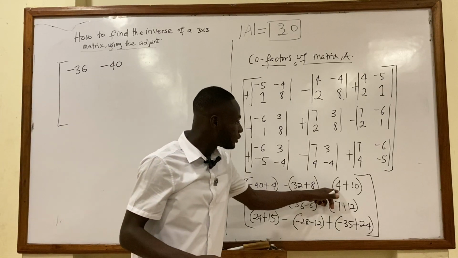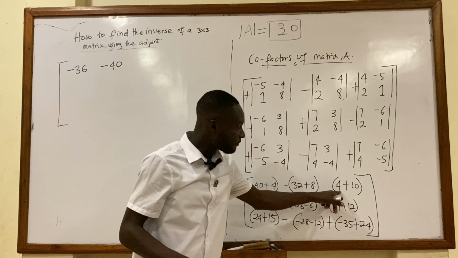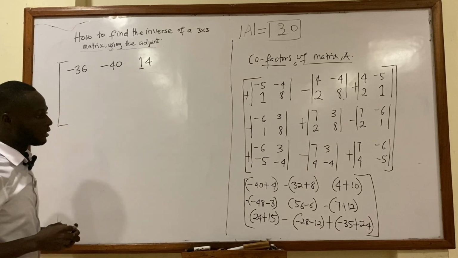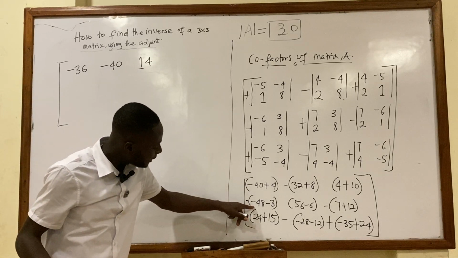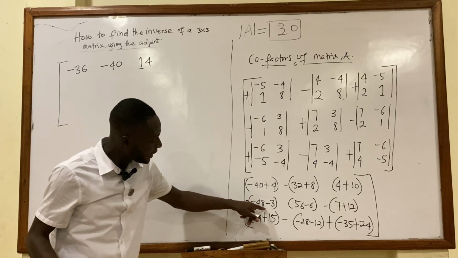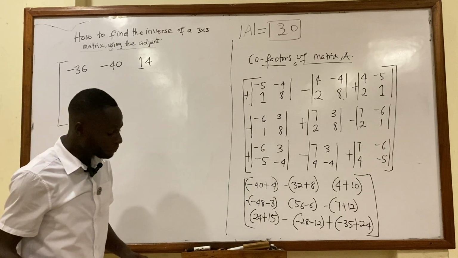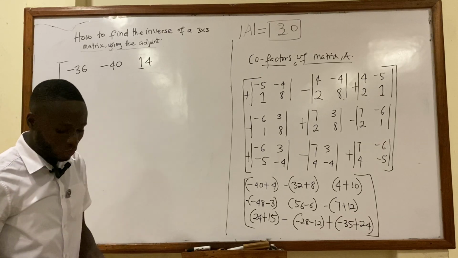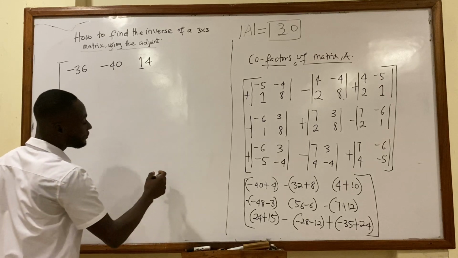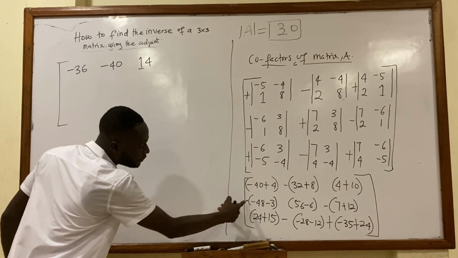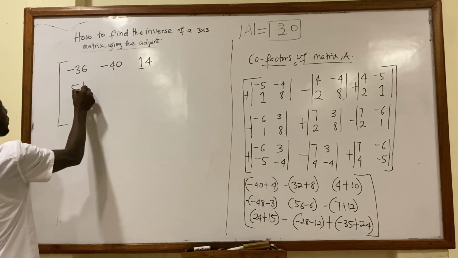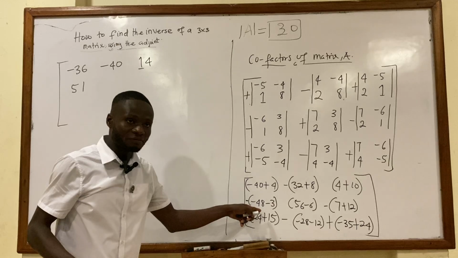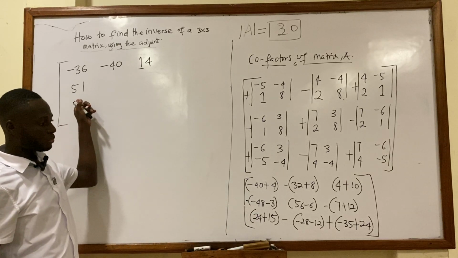And then this is also going to be 14, so we have 14 on this aspect. Good. Now the second row, minus 48 minus 3, that is minus 51. Minus 51 is already affected by a negative, so it's going to be positive 51, and that's what we have here.